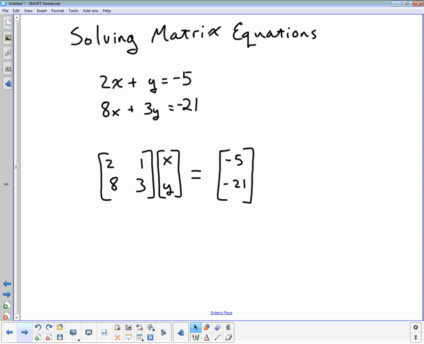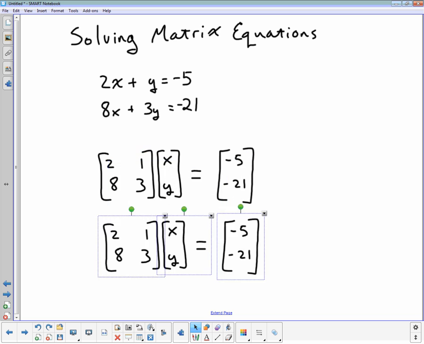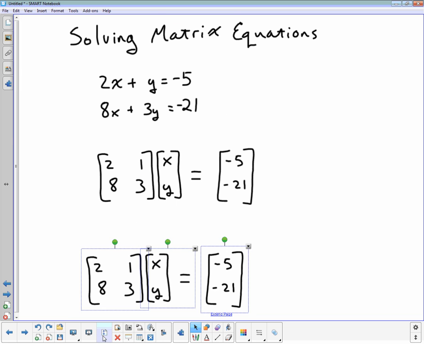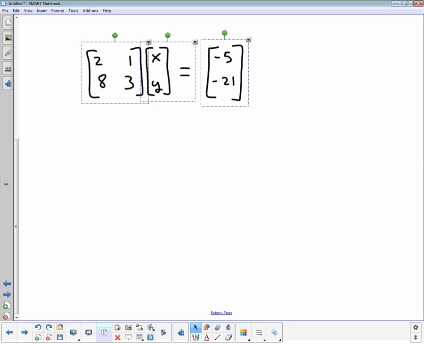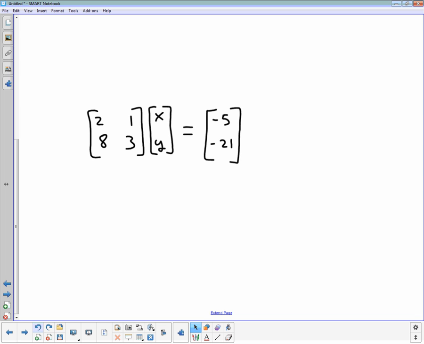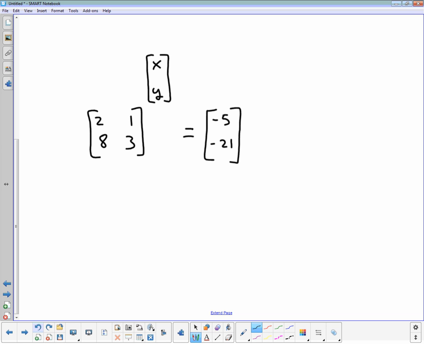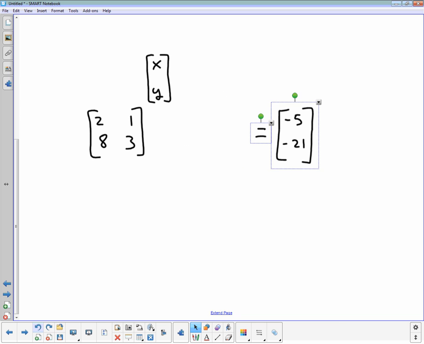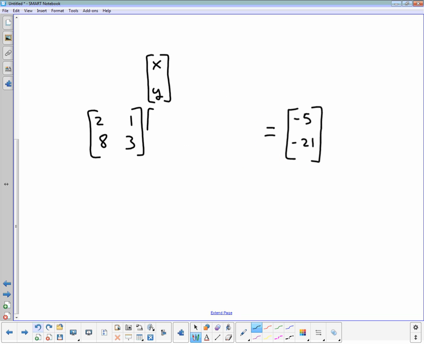And let's multiply this out. When I multiply these two matrices, we wind up getting, in this position, 2 times x plus 1 times y.